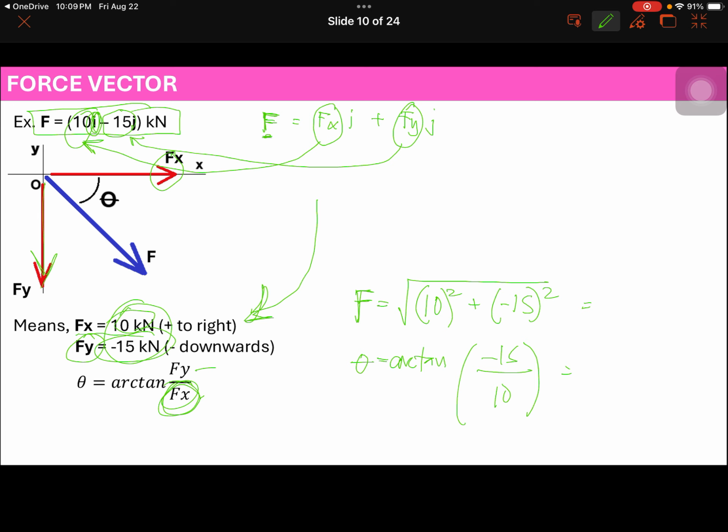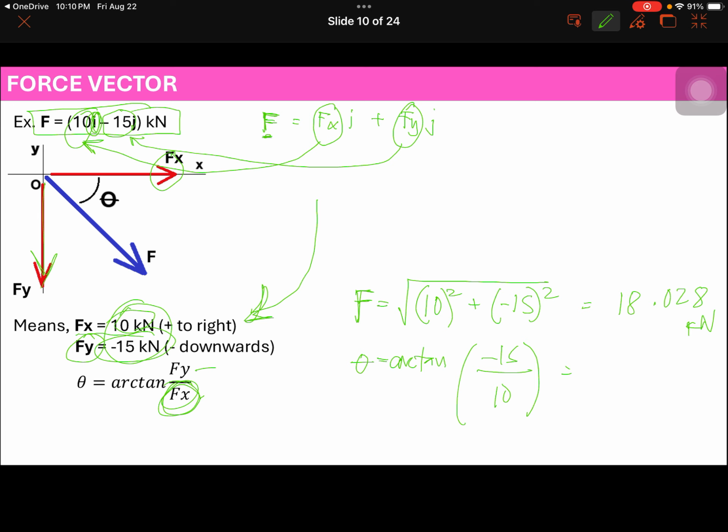So, computing that, baba ko muna. Square root 10 squared plus negative 15 squared. This is 18.028 kilonewton.